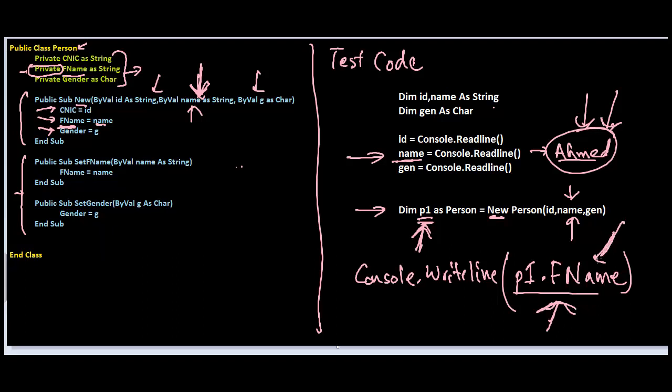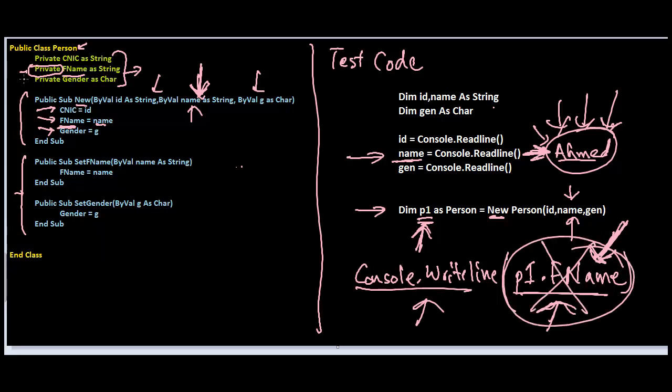We can't directly access first name. First name has this value Ahmed right now. We know that because that's what we are supposing in our example, that this was the input that was given. So first name was initialized to Ahmed. But when we try and print this first name using the console.writeline instruction, this will not work, because first name is declared as private. So what if you want to read the first name? What if you want to access that value that is stored in first name? What do you do?